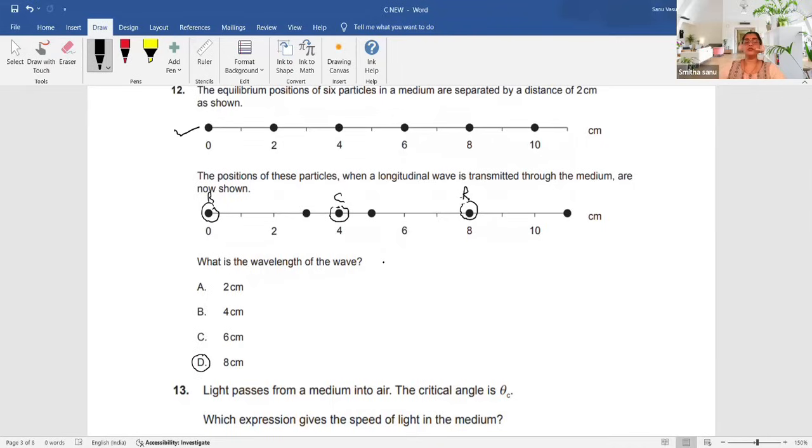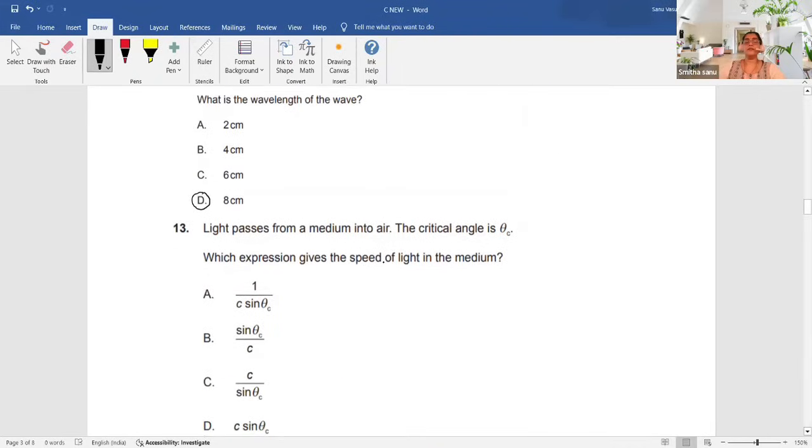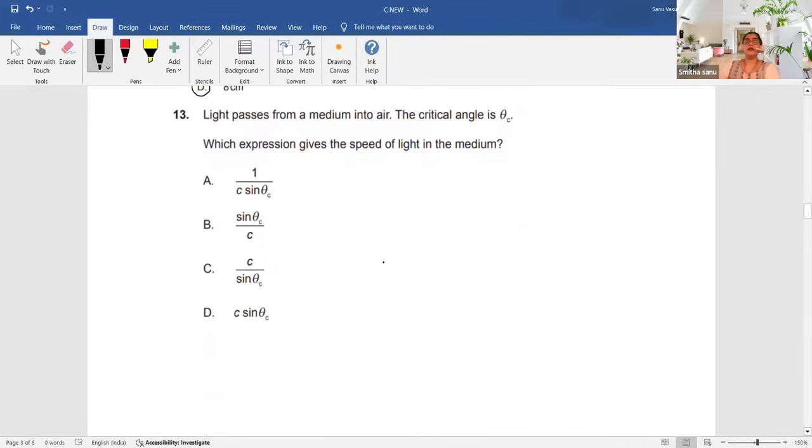Let's go to the last question for today. Light passes from a medium. So there is a medium which is a denser medium than air, so it's going from denser to a rarer medium.